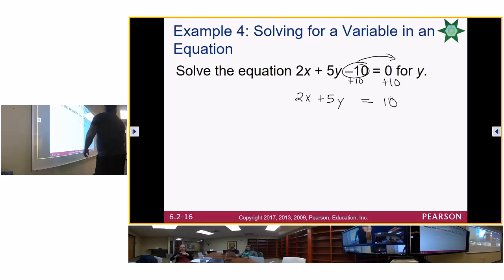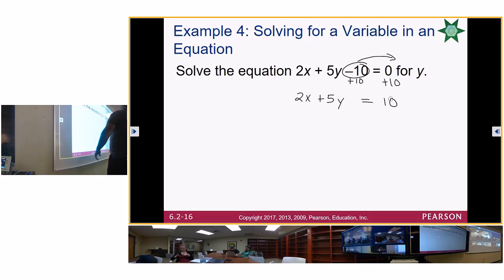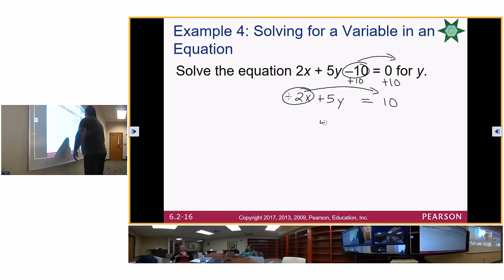Now what? And then you subtract the 2x. You get rid of the x term, and this is a plus 2x because there's nothing in front of it. So how do you get rid of a positive 2x? You subtract it or you take it across the river, and it becomes 5y is equal to negative 2x plus 10.